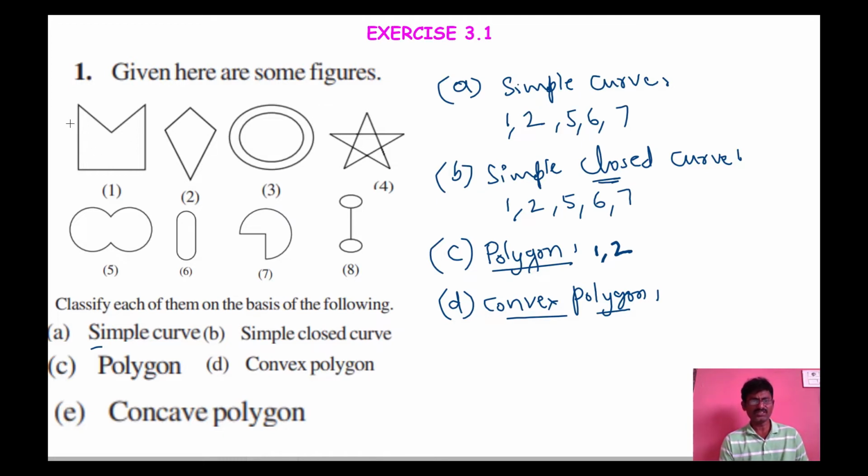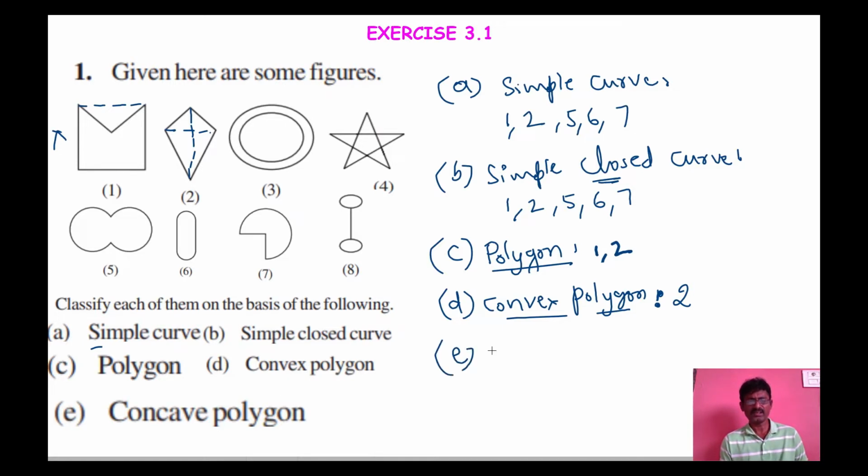In the first one, if you draw a diagonal like this, it is in the exterior. So it is not a convex polygon. In the second one, we have two diagonals, and both are in the interior of the polygon. So the second one is the only convex polygon.